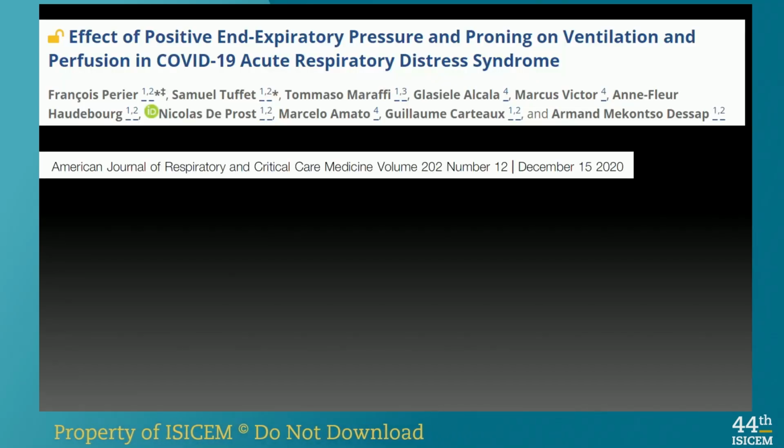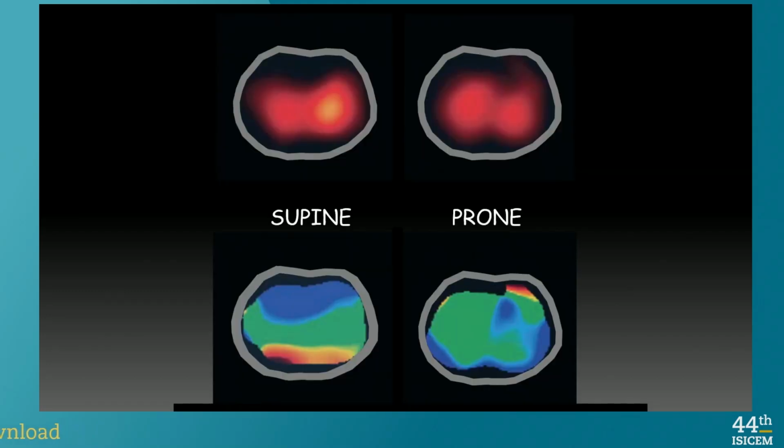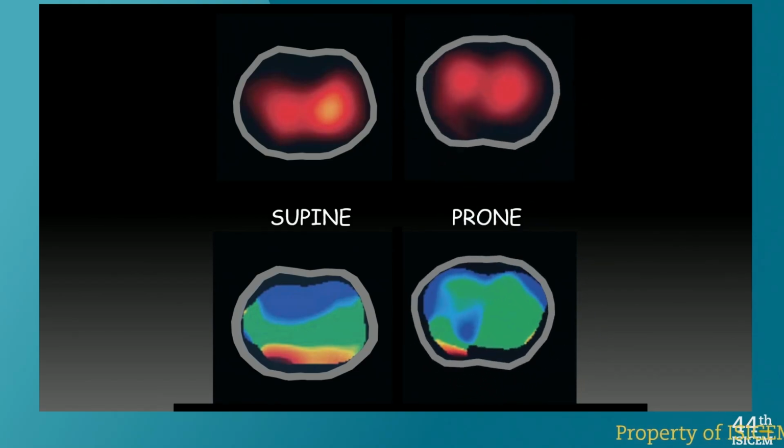The explanation can be found in the physiology of perfusion. And for instance, in this paper, we did bedside perfusion in COVID patients, in supine, and then in prone. And as you can see, perfusion was always dorsal.